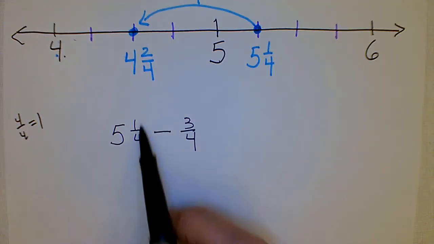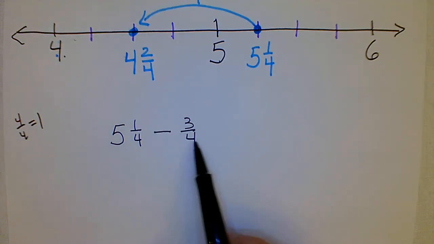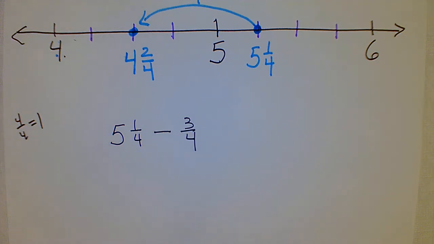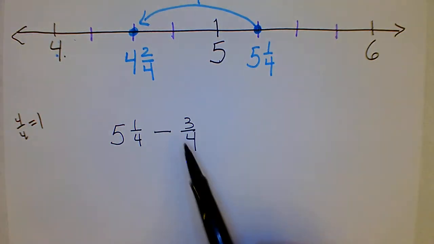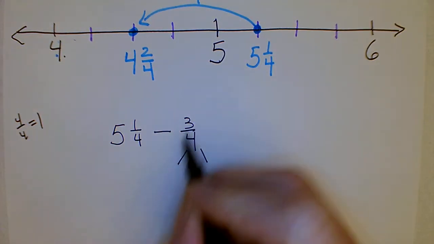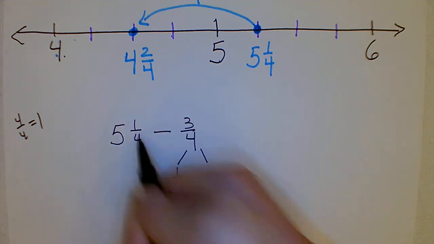So 1/4 cannot subtract 3/4. One piece cannot subtract 3 pieces. If I have one piece of pie, I can't give you 3 pieces of pie. I would have to cut up a whole other pie. So what we would have to do, again, we have two choices. One is that we can first decompose this into 1/4 to match that.